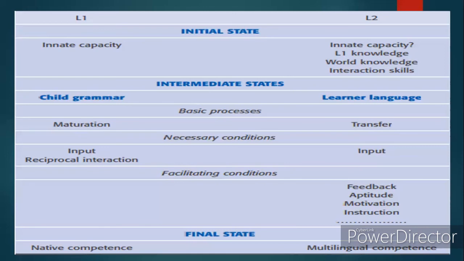So we have processes. First, we have to note that development is a spontaneous and largely unconscious process in first language child grammar, where it is closely correlated with cognitive maturation.